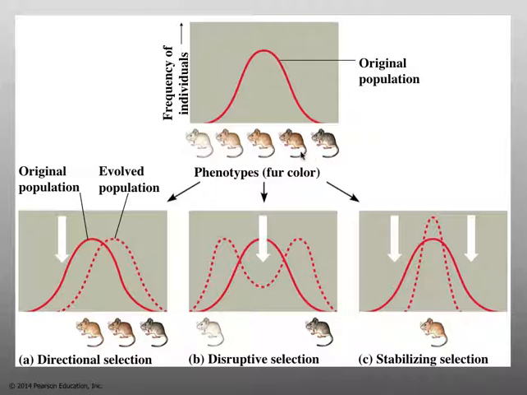Disruptive selection would be where only the light and the dark survive, not the mid-range. And then with stabilizing selection, more of the population becomes the mid-color. Okay.